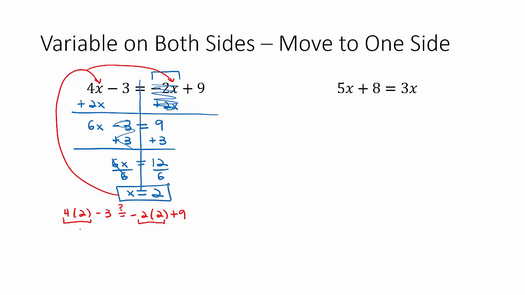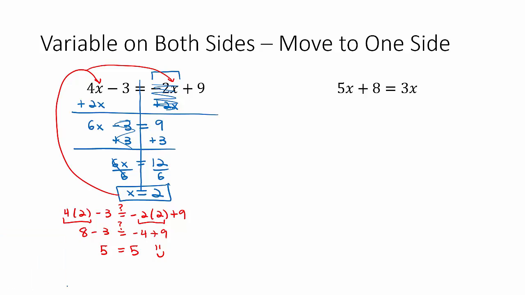Multiplication first. 4 times 2 is 8 minus 3. Hopefully that's equal to negative 2 times 2 is negative 4 plus 9. And sure enough, 8 minus 3 is 5. Negative 4 plus 9 is 5. Got the same thing. 5 does equal 5, so our answer of 2 is the correct answer.